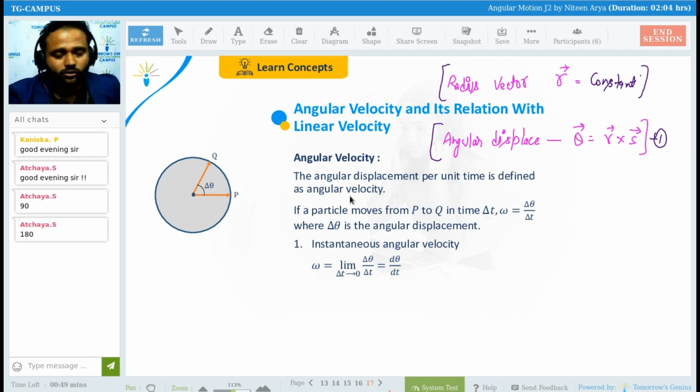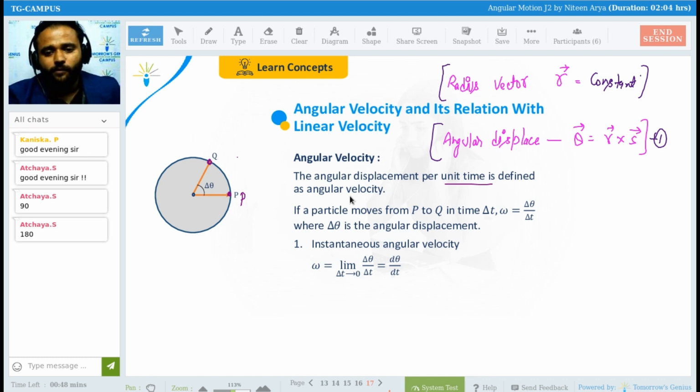Angular velocity is first of all the rate of change of angle with respect to time. Simply, the angular displacement per unit time is defined as the angular velocity. Clear? Suppose a particle is at a particular point P initially, and after a certain time, moving in a circular manner, it reaches a particular point Q. So what is the angular velocity?